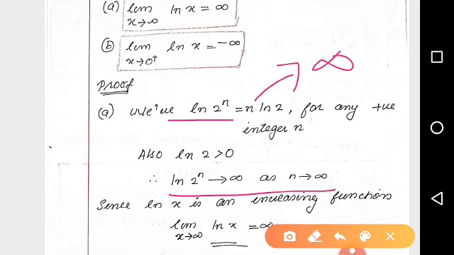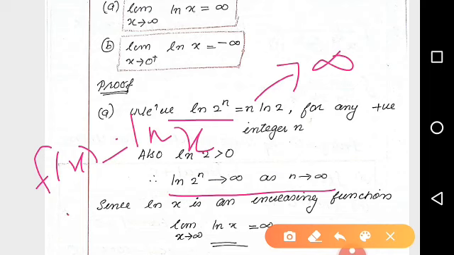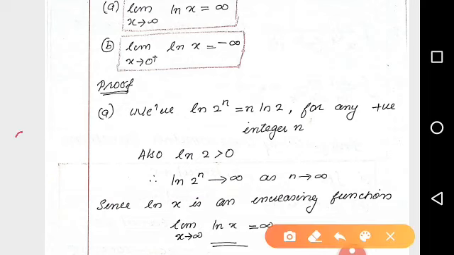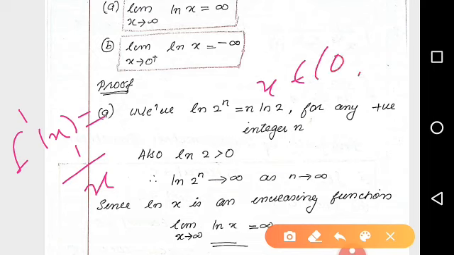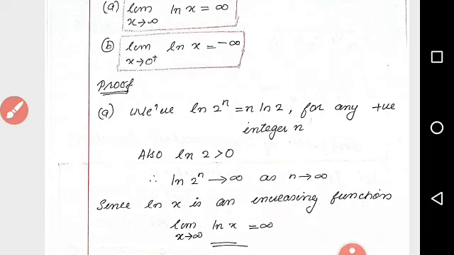If we take f of x as ln of x, then f dash of x is its derivative, 1 by x, and it is positive since x belongs to 0 to infinity, because ln of x is defined only for positive values. Since f dash of x is greater than 0, ln of x is an increasing function.